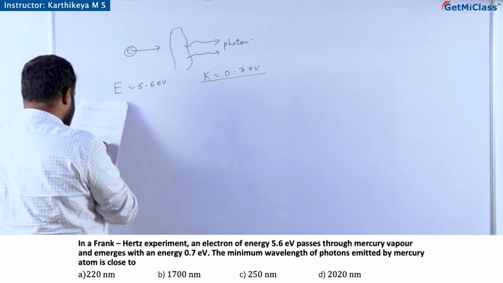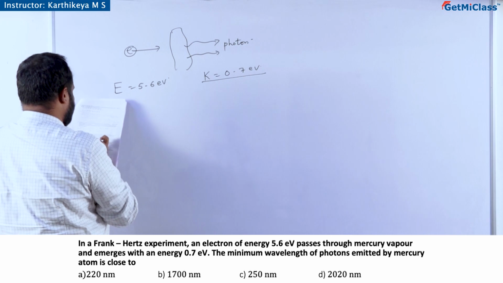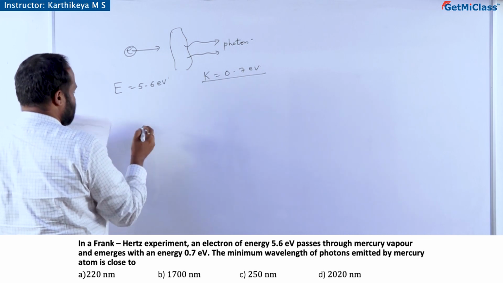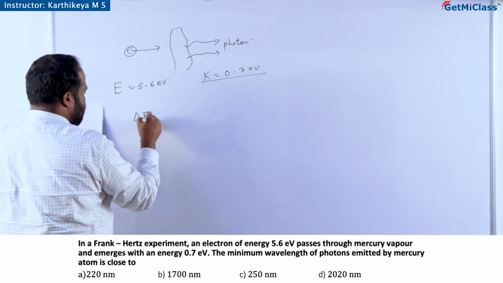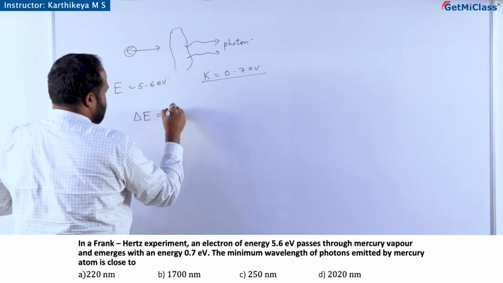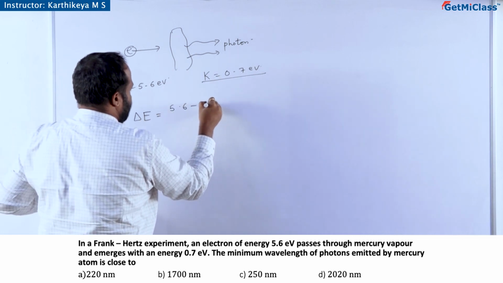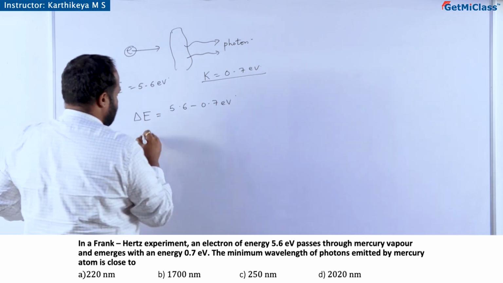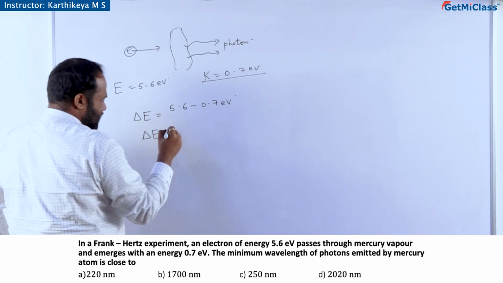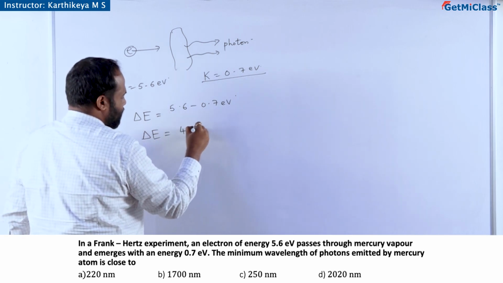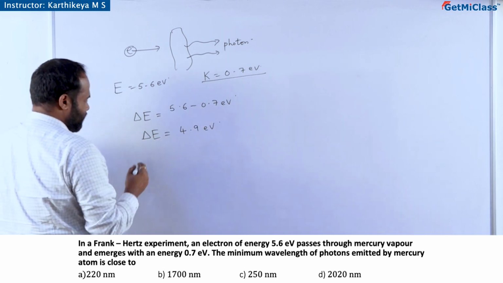So, it emerges with an energy 0.7 electron volt. So, change in energy is 5.6 minus 0.7. So, change in energy is 4.9 electron volt.